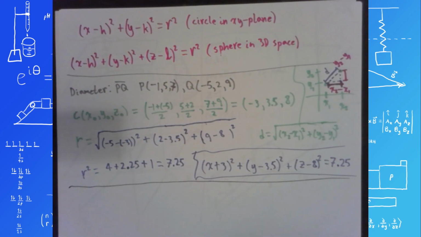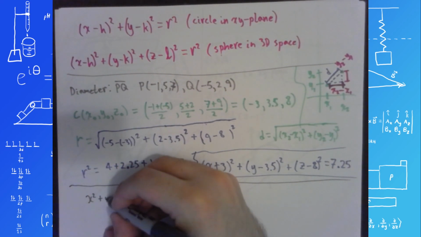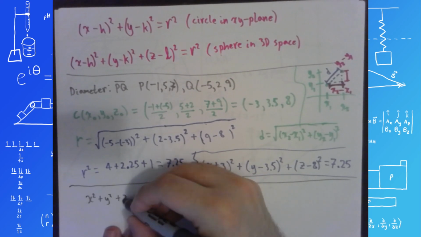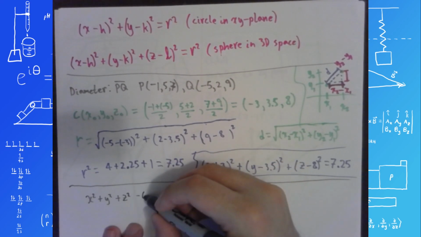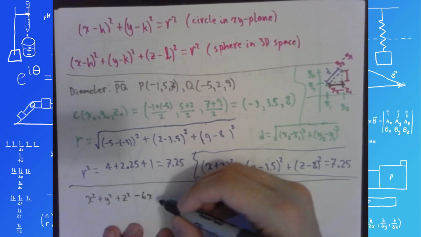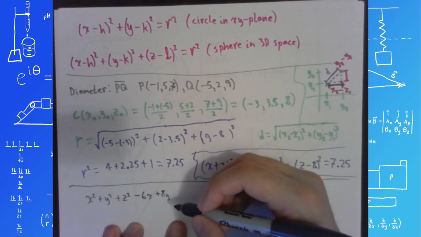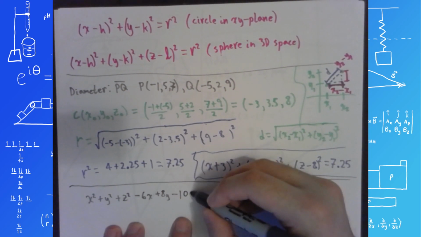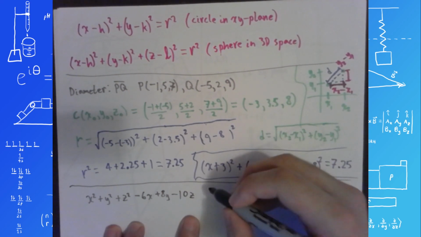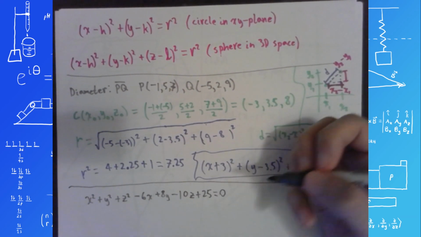So it says the equation of a sphere is x squared plus y squared plus z squared minus 6x plus 8y minus 10z plus 25 is equal to 0.